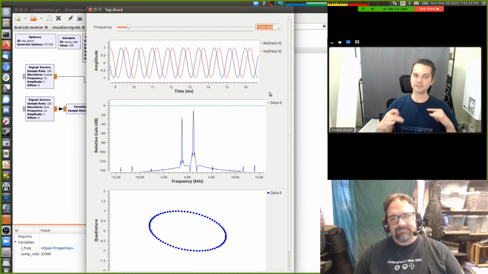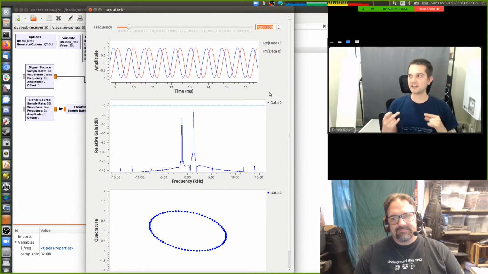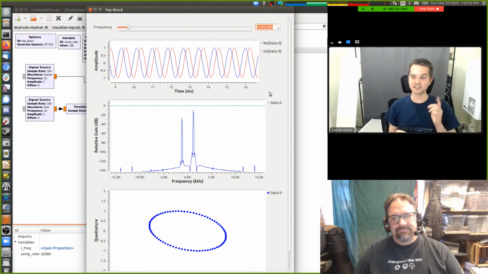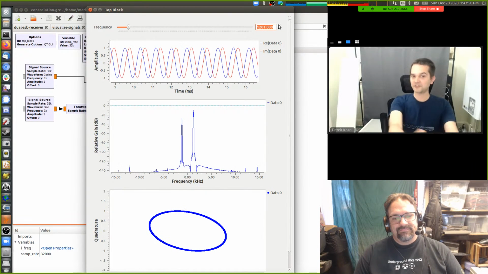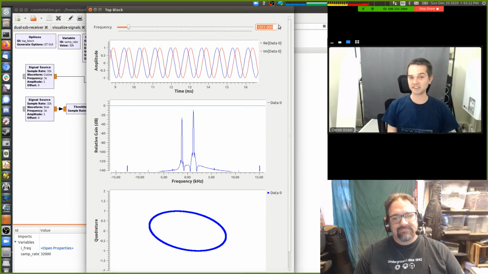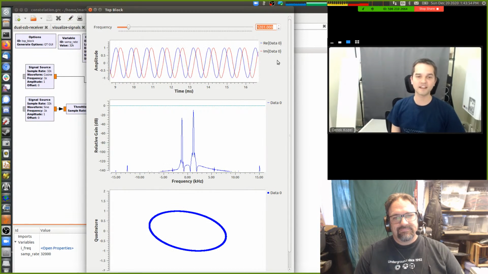If you don't have the electrical paths equal in length to your ADCs, or you have a sampling error between your ADC channels, this is what you get. So we've slipped the phase slightly between those two, and the result is that the FFT is giving us a little bit of a negative frequency.